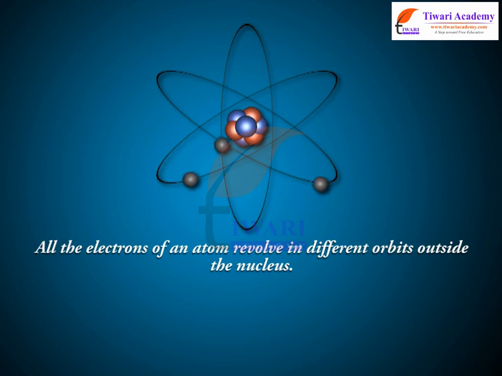All the electrons of an atom revolve in different orbits outside the nucleus.